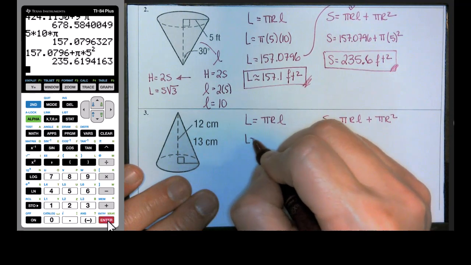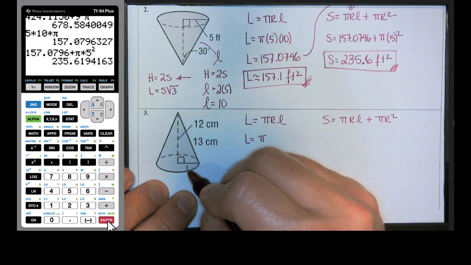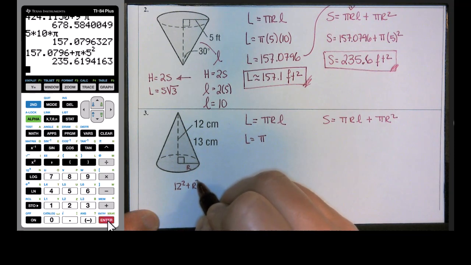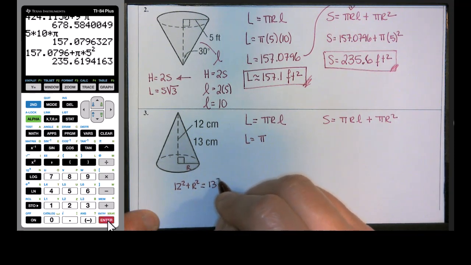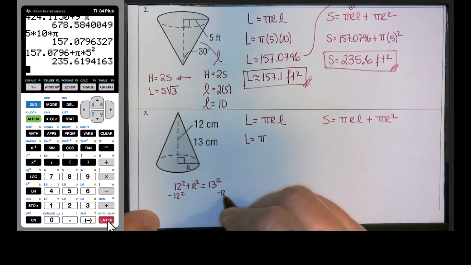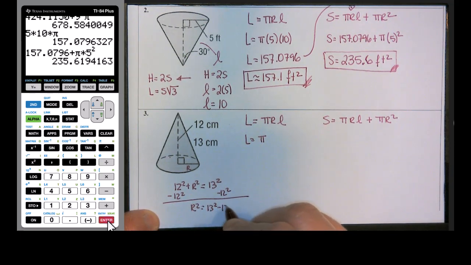So we have pi, and the radius here is something that we don't know. So let's find that out using the Pythagorean theorem. This would be 12 squared plus the radius squared equals 13 squared. So we're going to subtract 12 squared from both sides. I'm going to get radius squared equals 13 squared minus 12 squared.